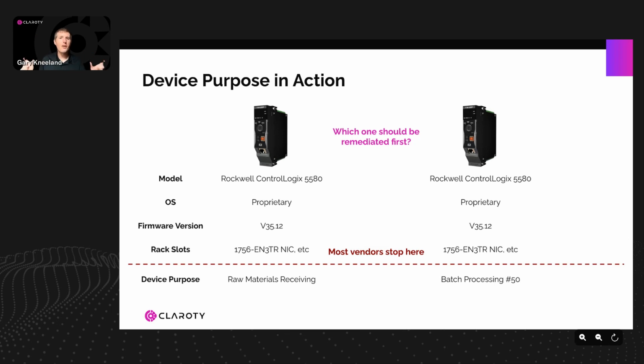This is critical context when I'm talking remediation or trying to secure these assets, right? This asset on my left is crown jewel type territory. And because I have this device purpose now, it allows me to get the context and understand that this is one of my crown jewel assets and that I need to remediate it first before I target that same model of PLC that's in a much less critical system.